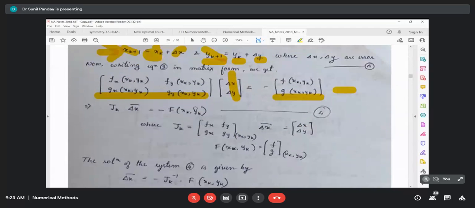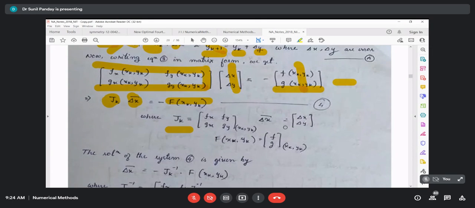So we represent this matrix by jk, this column matrix by delta xk, and this column matrix by f of xk yk. Their values are written here: fx, fy at the point xk yk, then delta x, and then f and g of xk yk at the point xk yk.